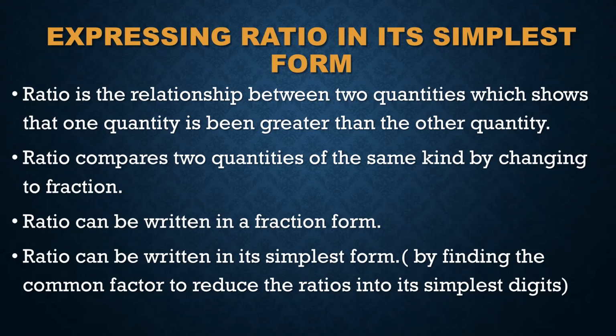Ratio itself is the relationship between two quantities, which shows that one quantity is greater than the other quantity. Ratio compares two quantities of the same kind by changing it to fraction or any other modality.